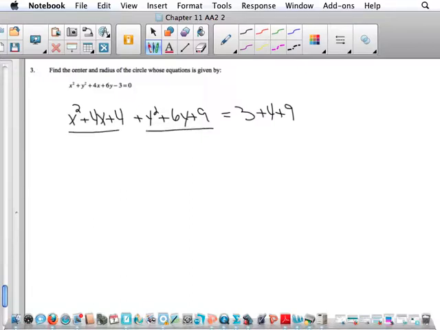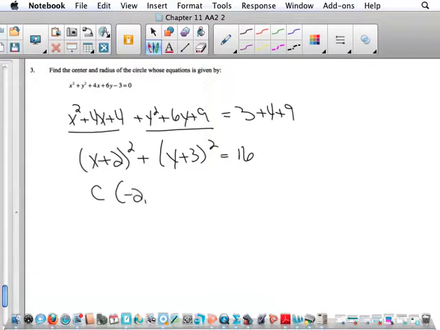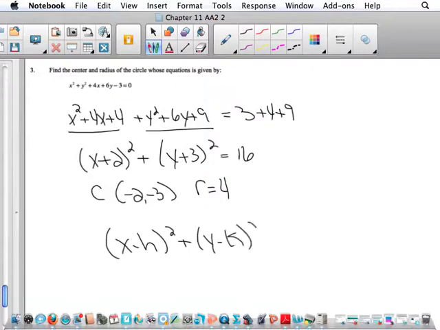Write each of these as a binomial squared, so (x plus 2) squared plus (y plus 3) squared equals, what is that, 16. So the center of my circle is at -2, -3, and my radius is 4. Remember, standard form of the equation of a circle is (x minus h) squared plus (y minus k) squared equals r squared.